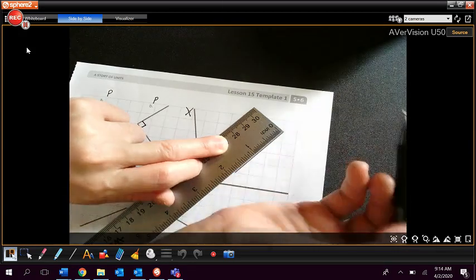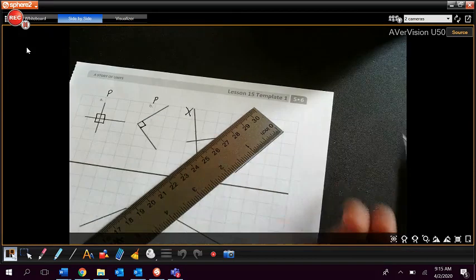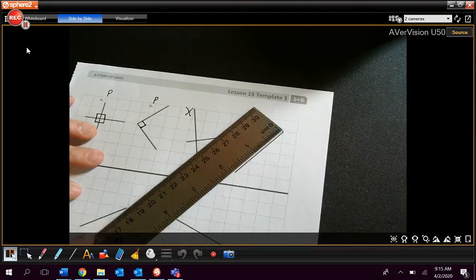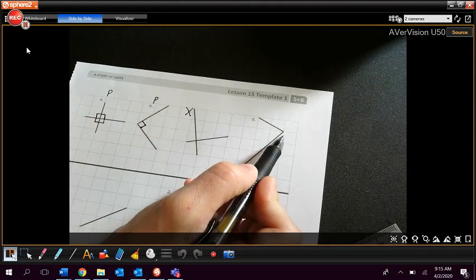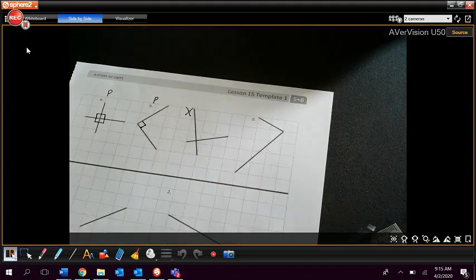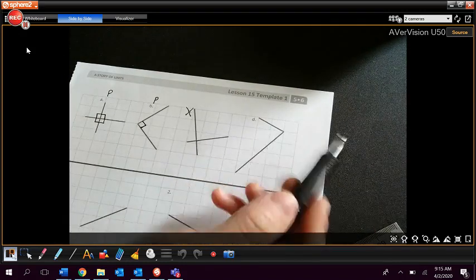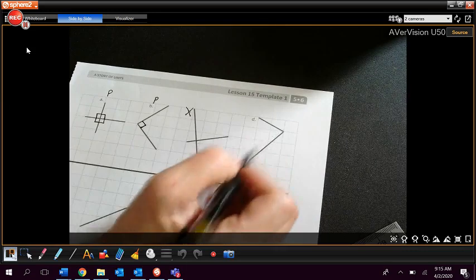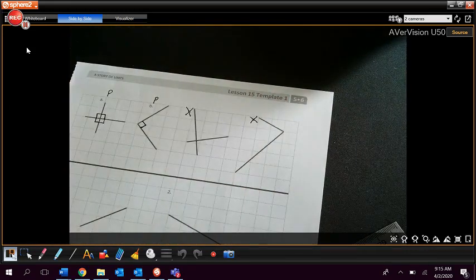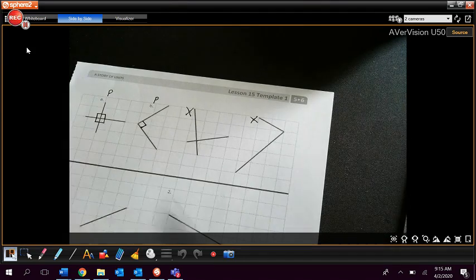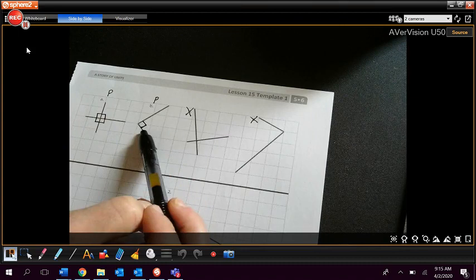That means I'm covering it. So if it disappears, would this be considered a right angle? Very good. It's not considered a right angle. So if it does not form a right angle, then this is not a set of perpendicular lines. So letter D is also not perpendicular. The only ones that form a right angle are A and B.